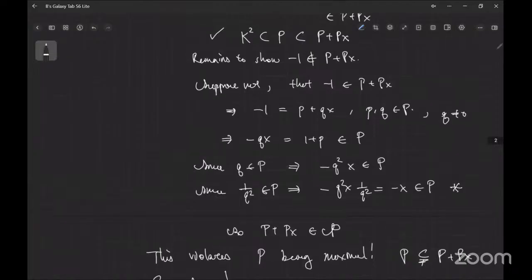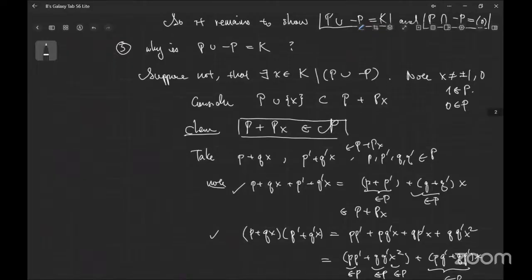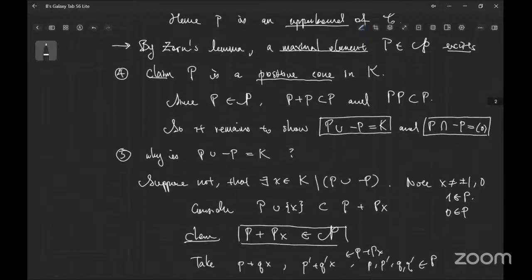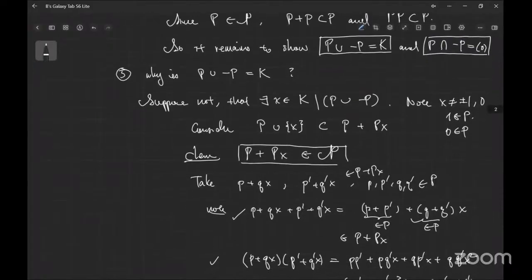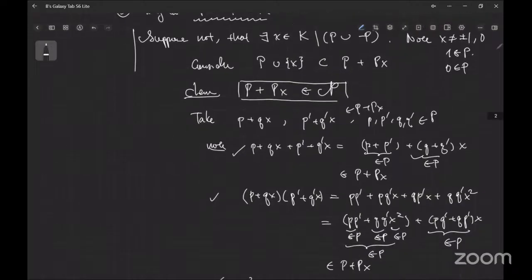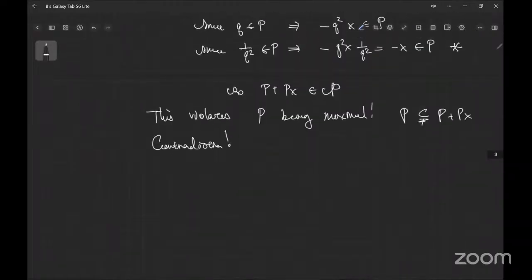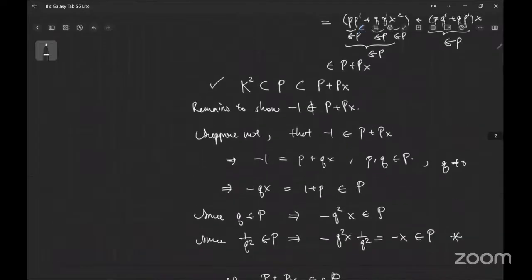What does that mean? Well, that means P union minus P is K. So, right, it contradicts this part right here. Yeah, so it contradicts the suppose not right here. So this previous contradiction contradicts the suppose not right here.